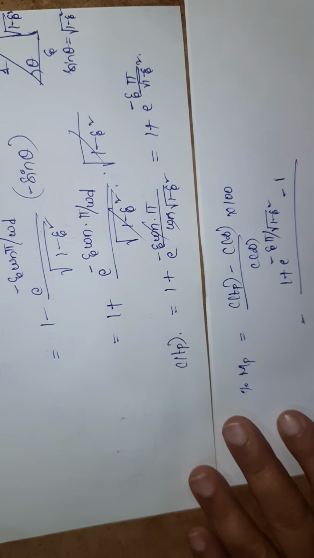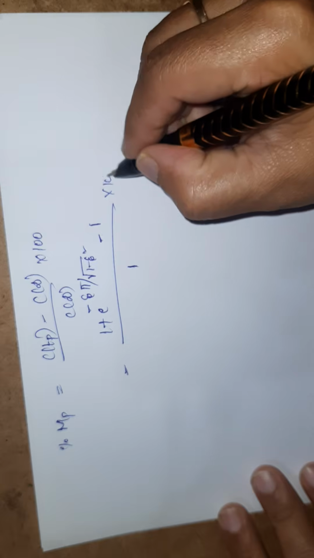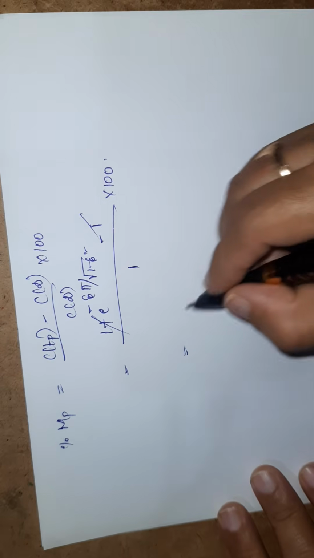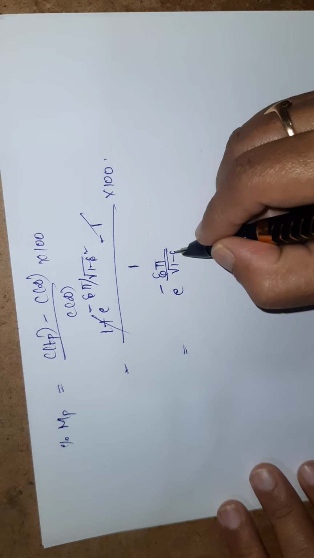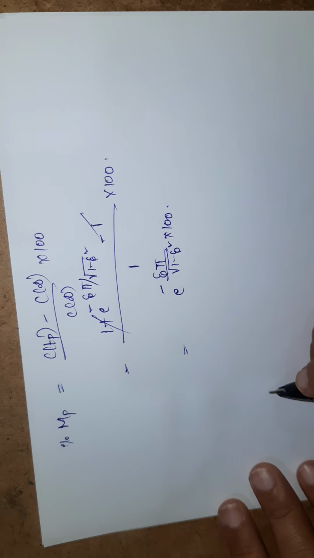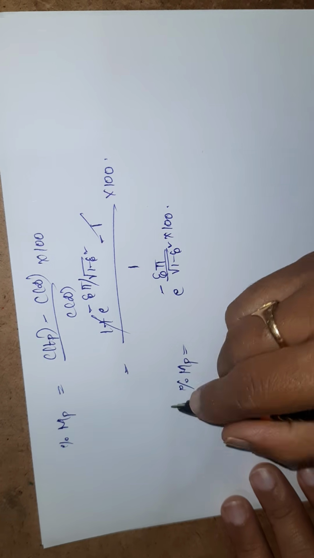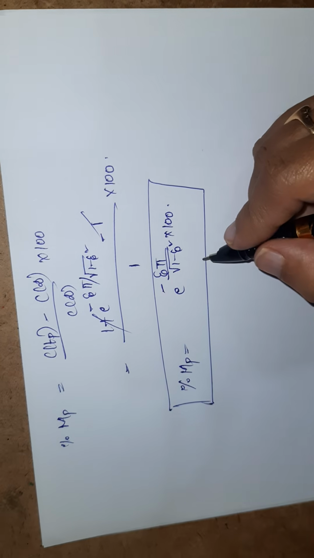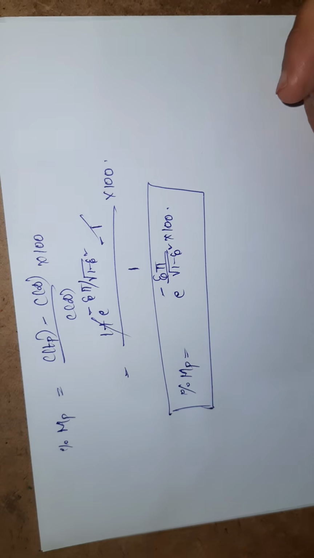It is 1, divided by 1 into 100. The answer is e power minus zeta pi by square root of 1 minus zeta square into 100. So percentage peak overshoot is equal to e power minus zeta pi by square root of 1 minus zeta square into 100.